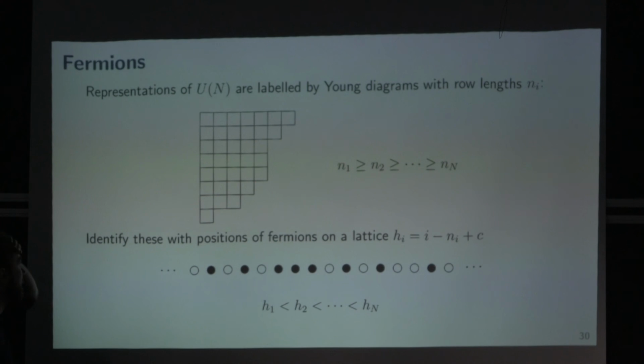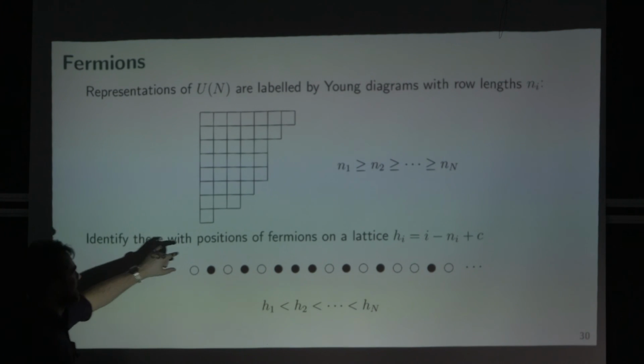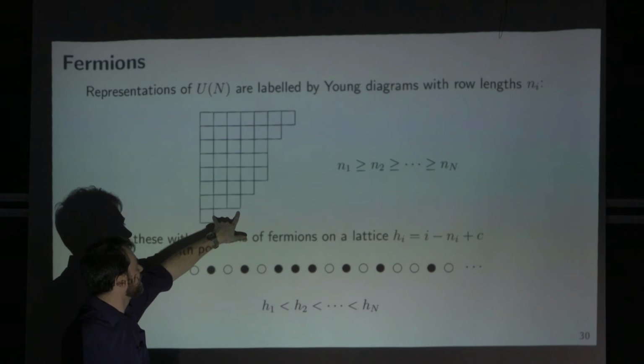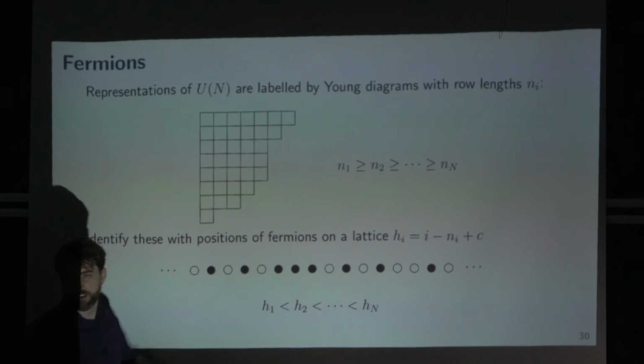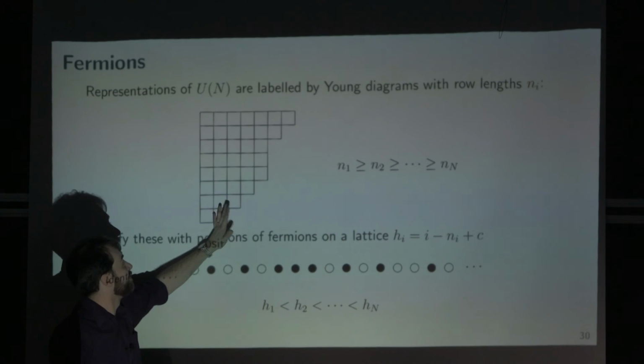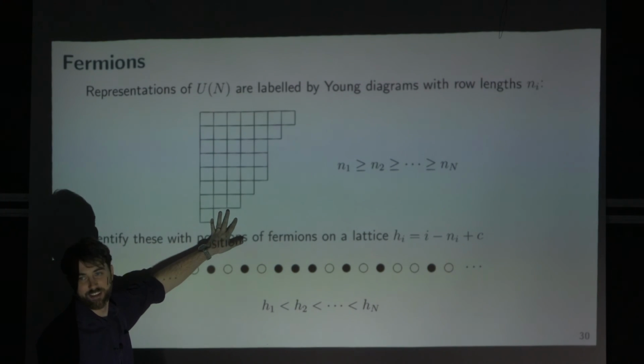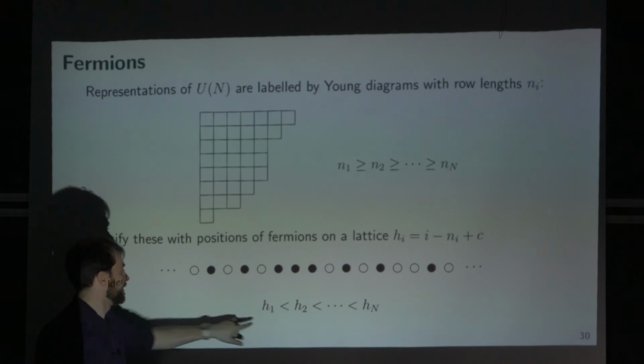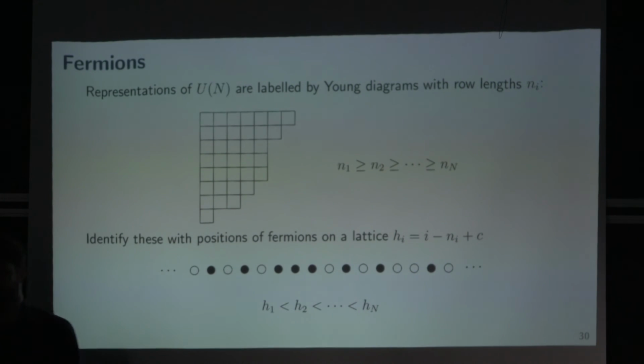If you think about the difference in row lengths between two rows, that's some non-negative integer. If I add 1 to that, it's some positive integer, and that's going to be the gaps between the fermions.